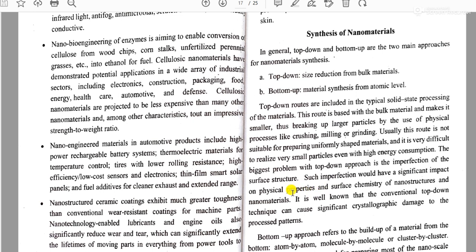For example, there might be some defect in the surface chemistry. If we are planning to use these nanoparticles for gas adsorption, they might not be suitable. The adsorption capability will not be that high. So all these are the drawbacks of this top-down approach. It is well known that the conventional top-down techniques can cause significant crystallographic damage to the processed patterns.